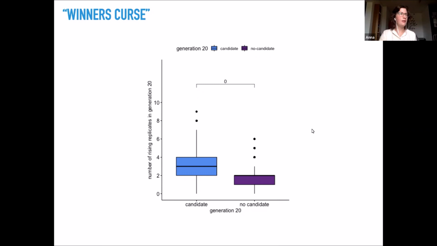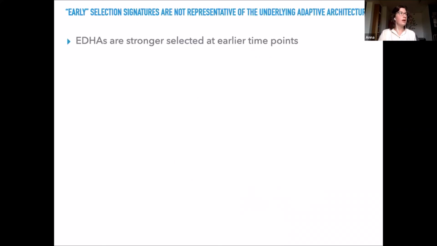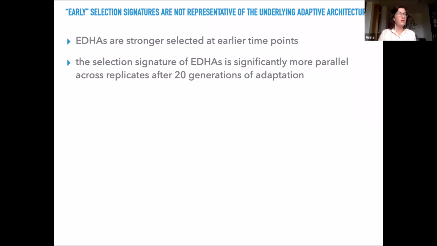Thank you, Neda. Although they have the very same properties, they rise in more replicates. So drift acts synergistically with selection and makes them detectable. And what this means is that what you find after 20 generations of adaptation in this experiment is actually more parallel.